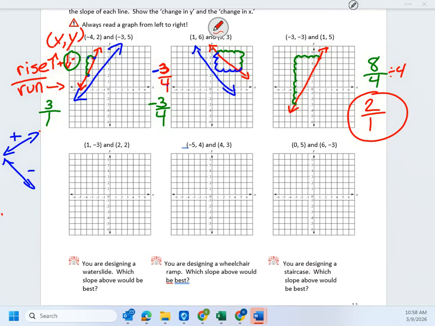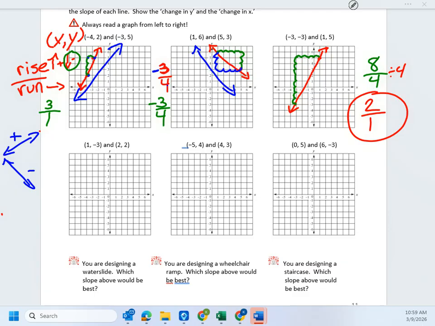Which one you think would be the best slope for a good and fun and safe water slide? So answer the bottom questions using those slopes and lines from up above. Any questions on the slope before we move on?